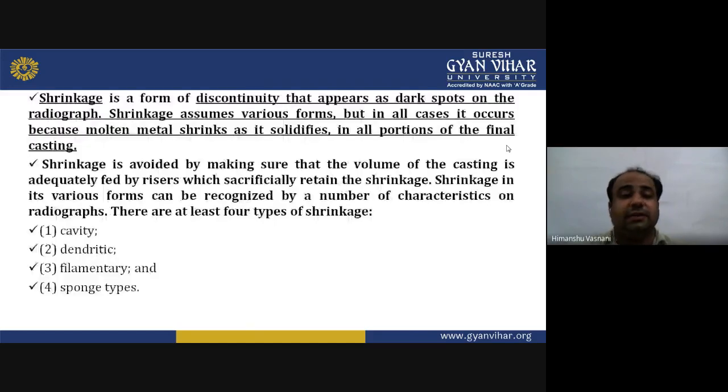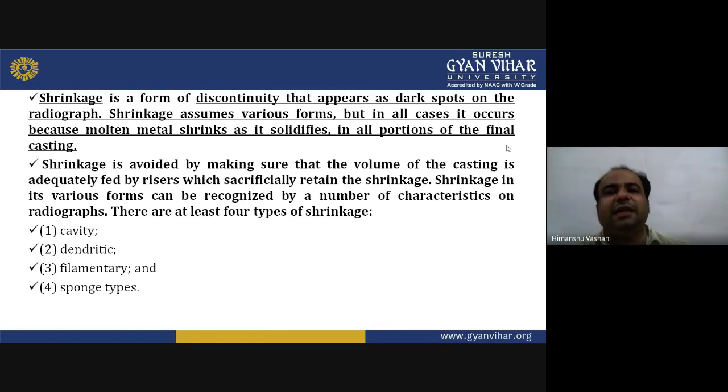So, shrinkage. Shrinkage is a kind of discontinuity that appears as dark spots on a radiograph. Shrinkage assumes various forms, but in all cases it occurs because the molten metal shrinks as it solidifies in all portions of the final casting.